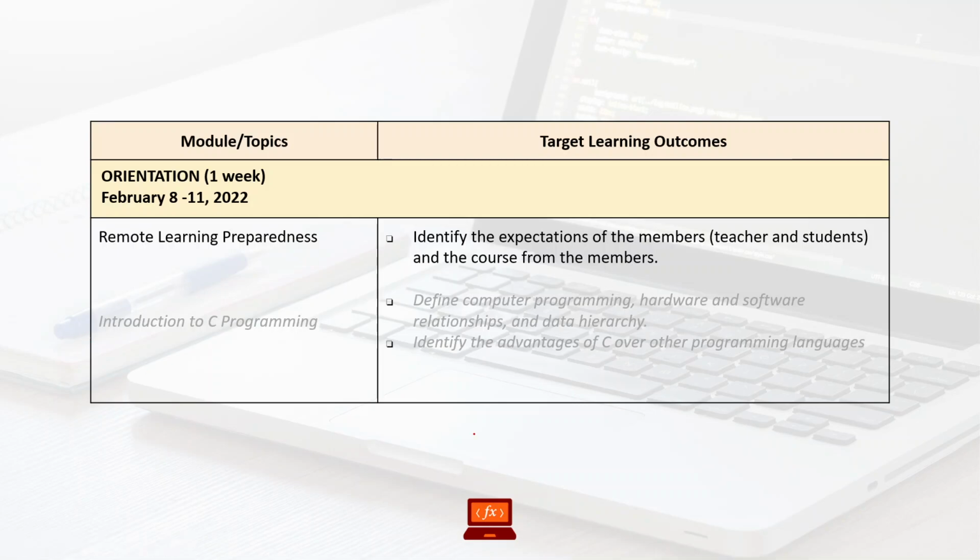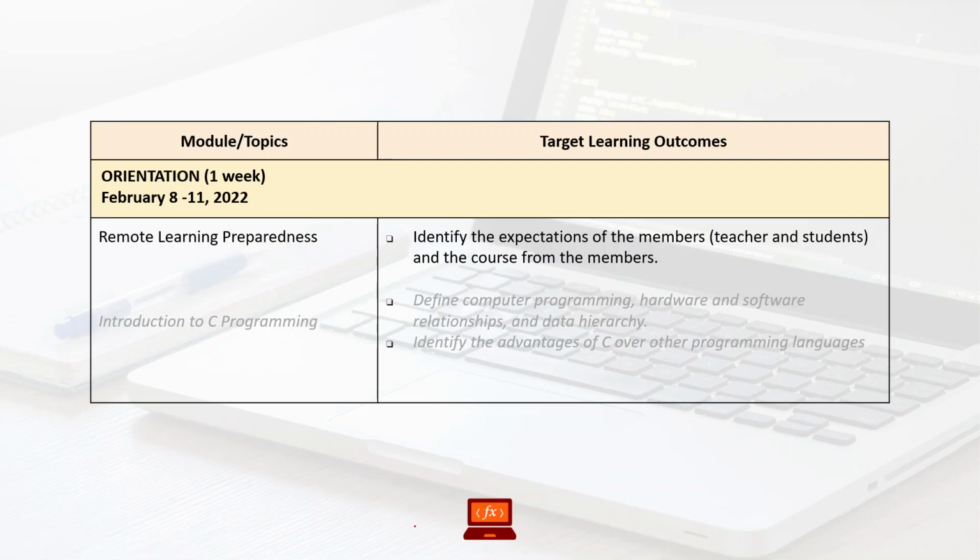And nakikita nyo rito, naka-gray part, Introduction to C Programming. Actually, this is an optional reading. So, para lang mas may background kayo on what a C program is, and ano yung mga computer program, hardware, software, hierarchy. Okay, so I encourage you to read on this naman. So, that's for the first week.